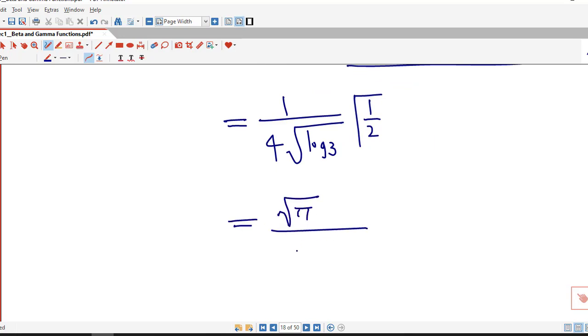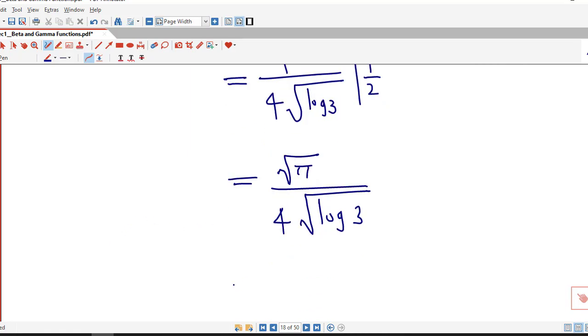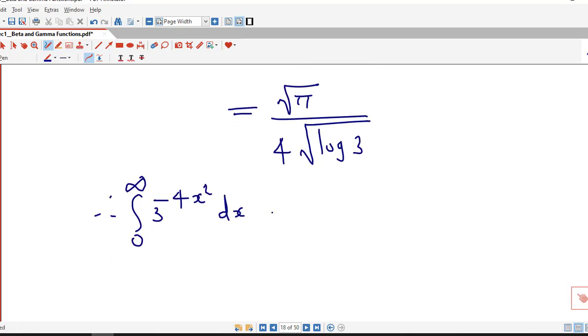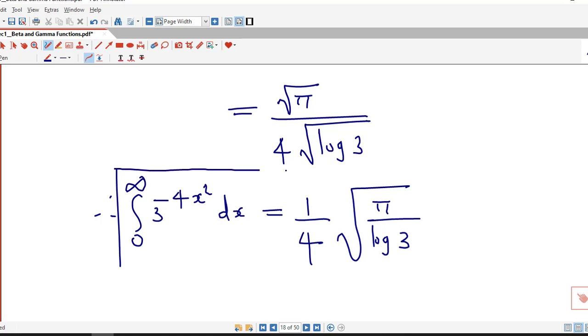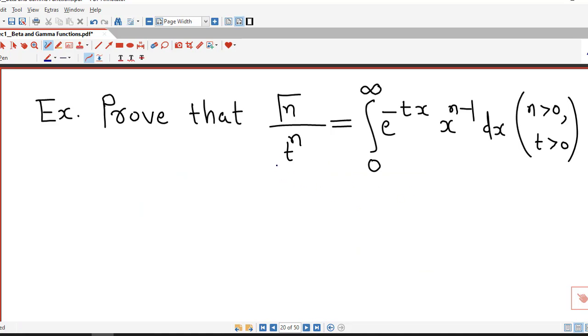So we proved that the given improper integral has value square root of pi over 4 square root of log 3, or we can write it this way also: 0 to infinity 3 raised to minus 4x square dx equals 1 by 4 square root of pi over log 3. So these are very nice applications of gamma function in evaluating this type of improper integrals. We consider one more application.